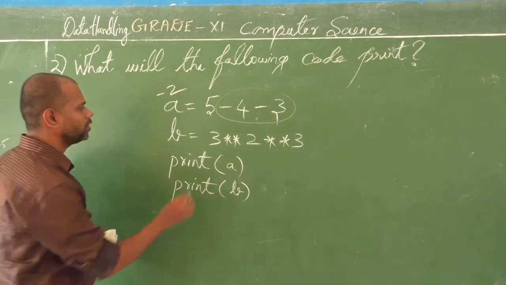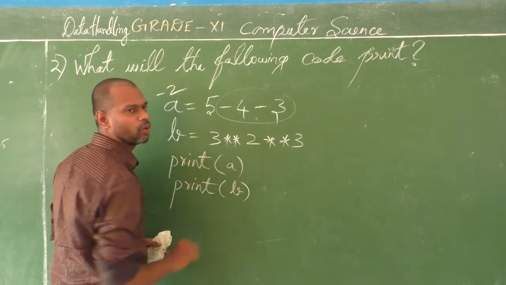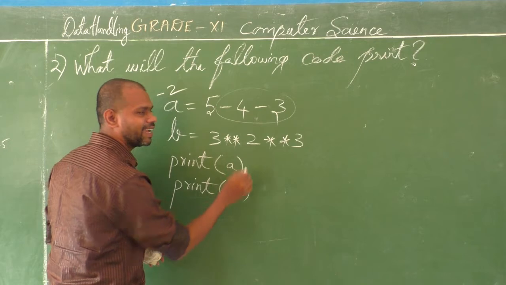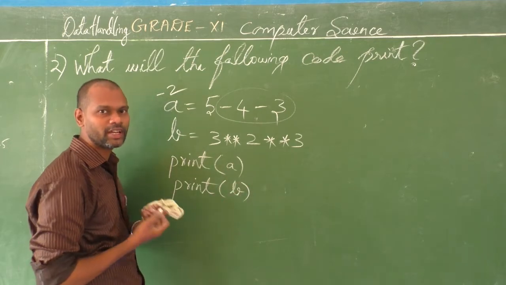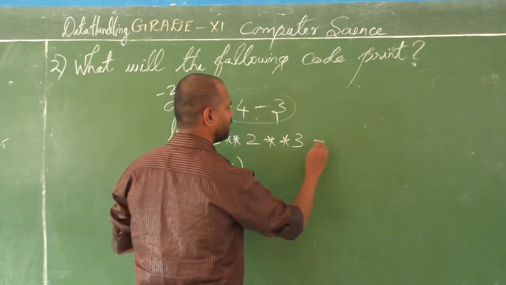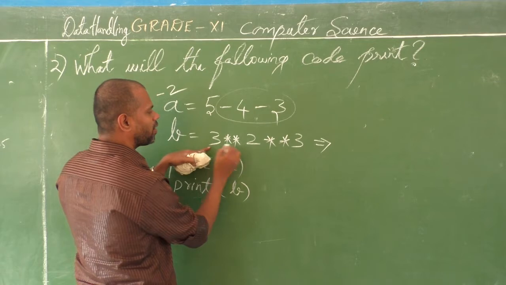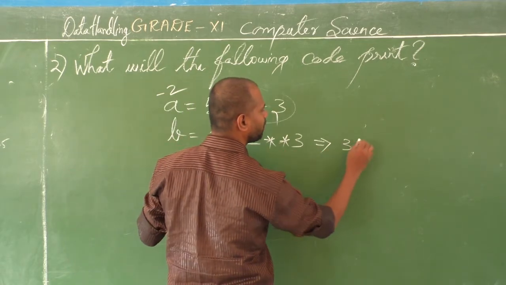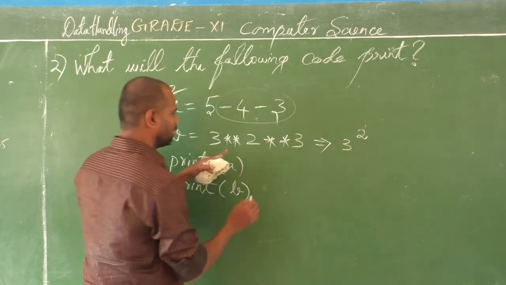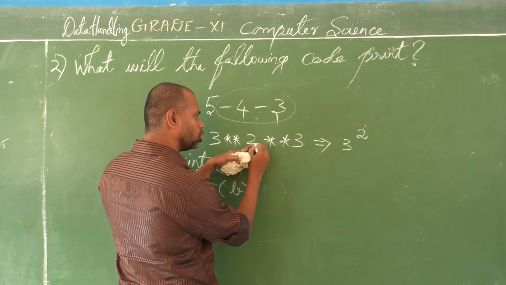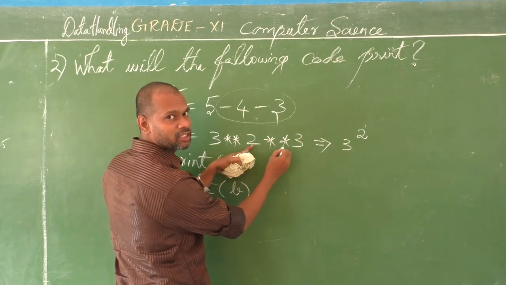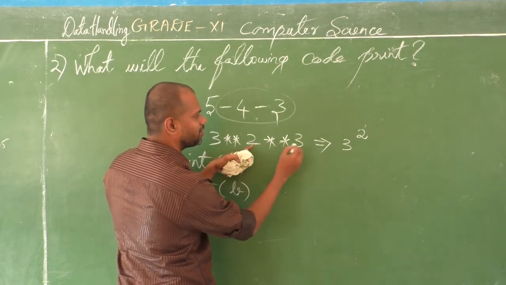Here, what does double star mean? Double star indicates power. So this means 3 power 2, and that 2, double star means power, that 2 power 3.